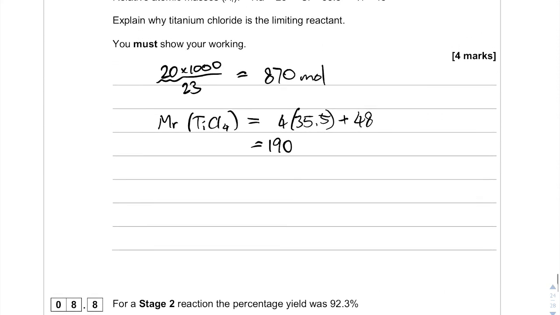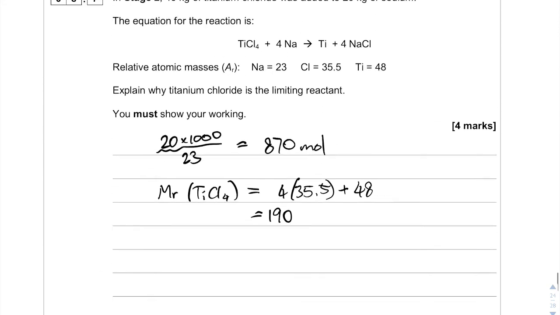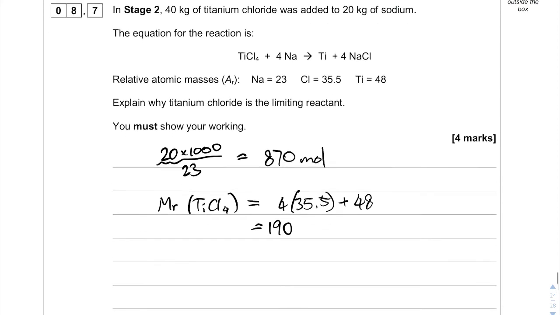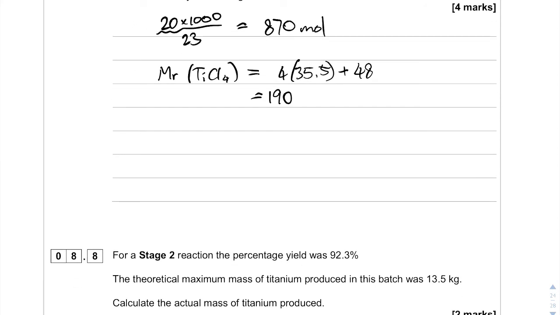And with that, we are using 40 kilogram of titanium chloride. So 40 kilogram divided by 190 would give us 211 moles.